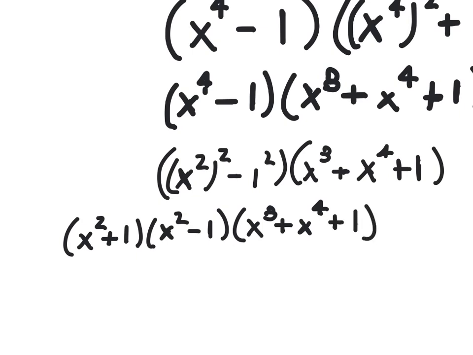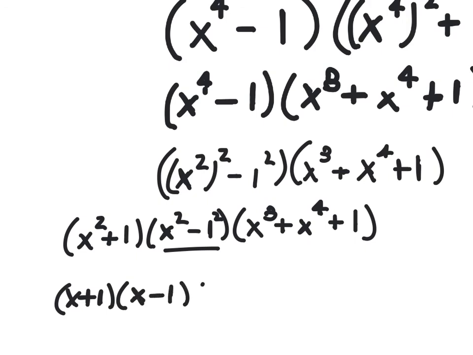Now I have a true difference of squares here. x squared minus 1, I can really just write as x squared minus 1 squared. So now let me factor this part. I'm going to write it up front. I've got x plus 1, and then x minus 1.